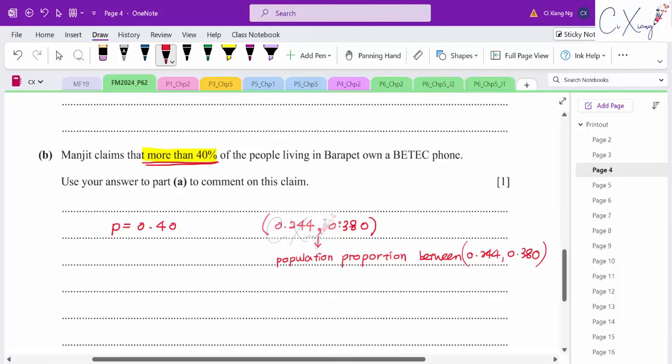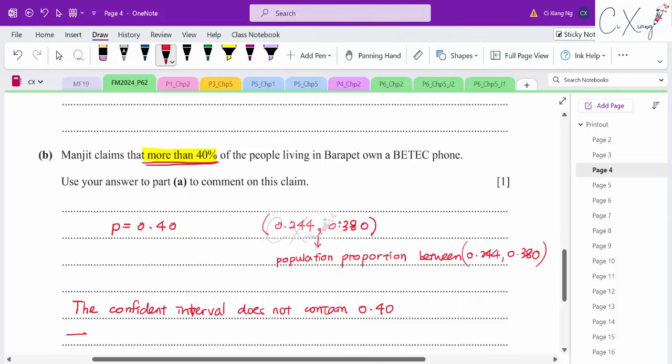Okay, so you can tell them that the claim is not true or not correct. So you can make a small conclusion here. The confidence interval does not contain 0.40.